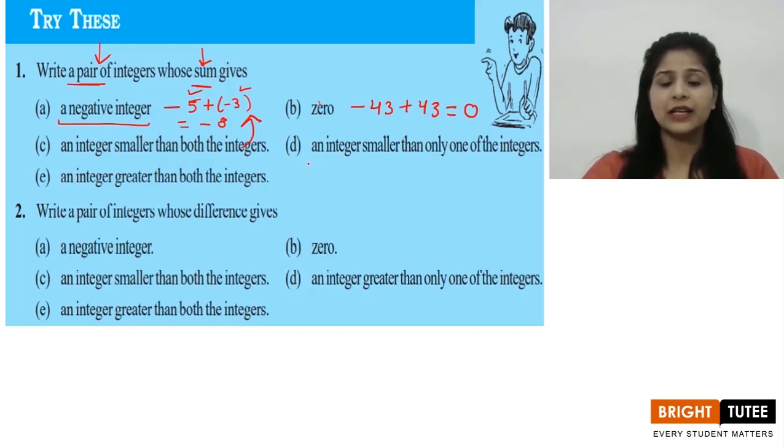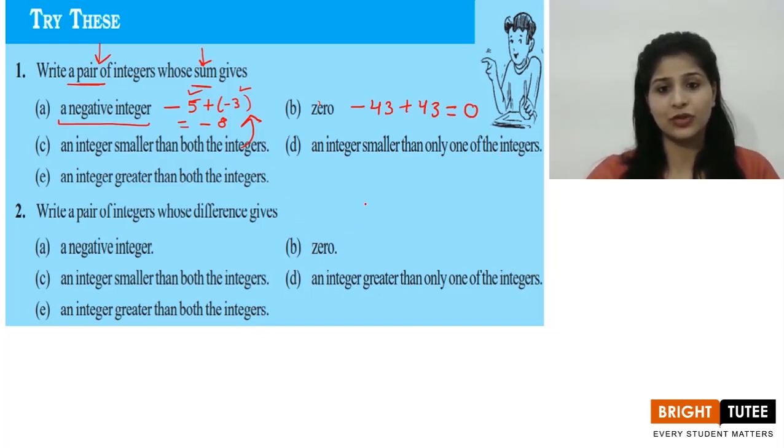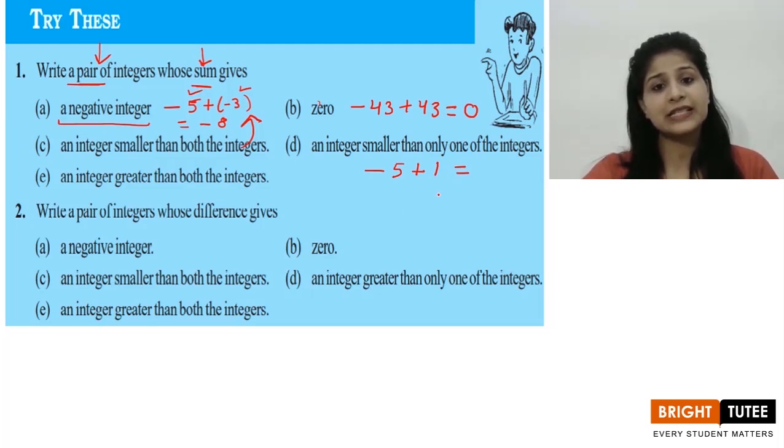In the D part, they are asking an integer smaller than only one of the integers. So you have to tell any integer that is smaller than any one integer. So if I write, suppose, minus 5 plus 1, and what will be the answer? The answer would be minus 4.